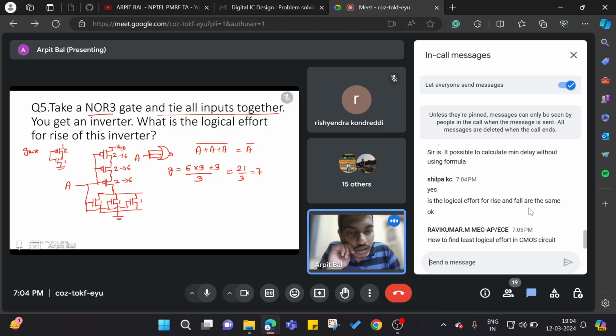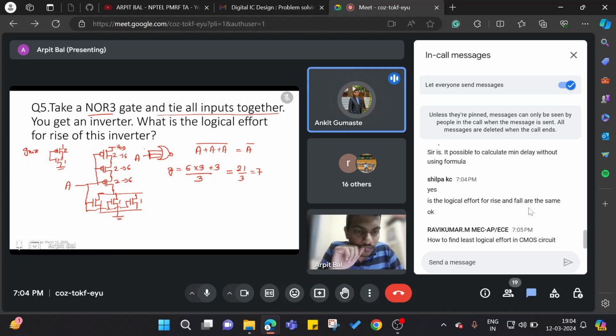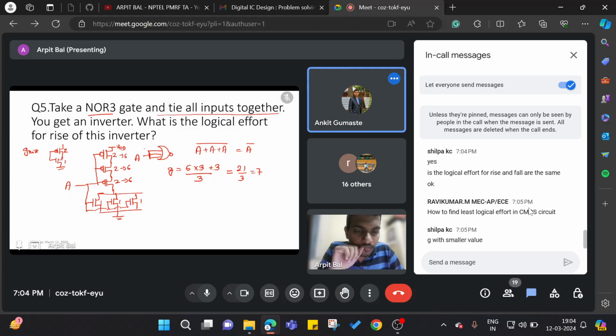How to find least logical effort in a CMOS circuit? What do you mean by least logical effort? Sir, in the assignment, they gave an equation. From that equation, we need to find the transistor with least logical effort.